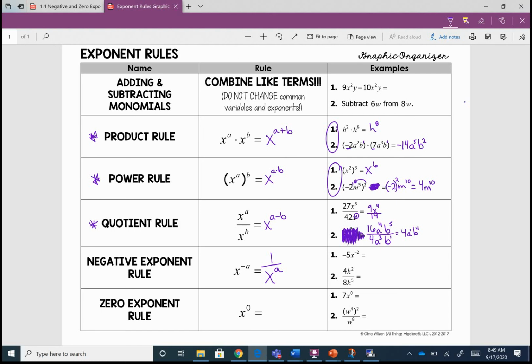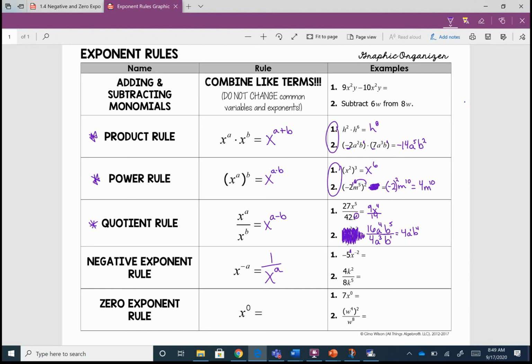So if we look at example 1, we're not expanding anything out. The negative 5 has an exponent, guys. What's the negative 5's exponent? That's a 1. So if we have a positive exponent, is that negative 5 going anywhere?